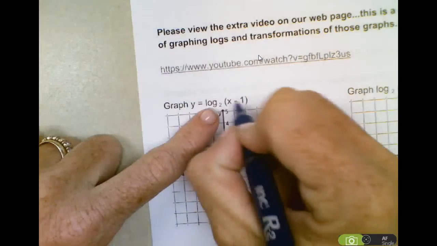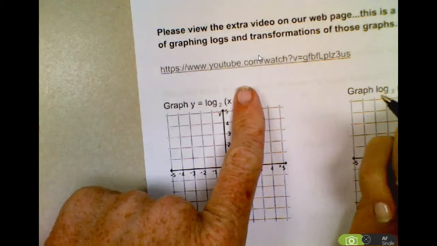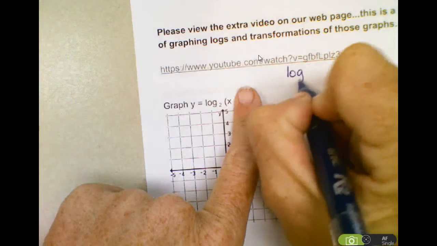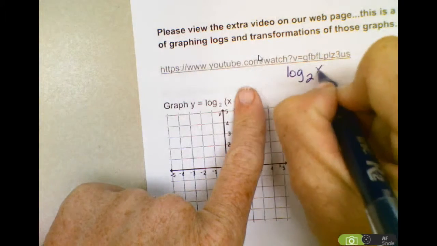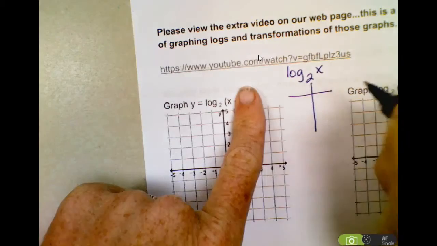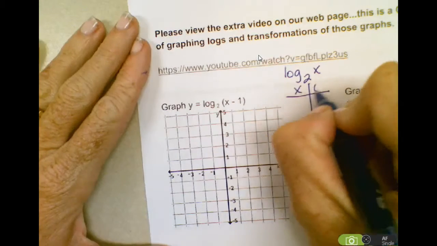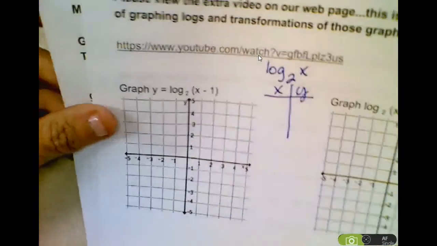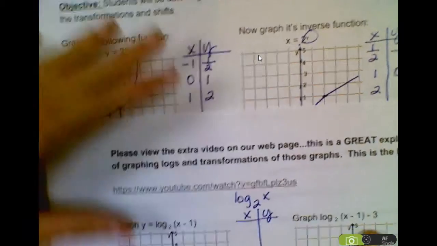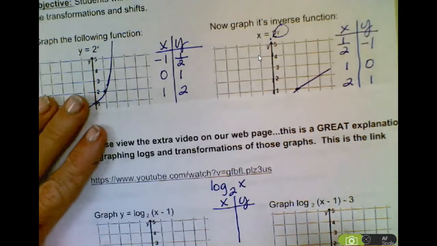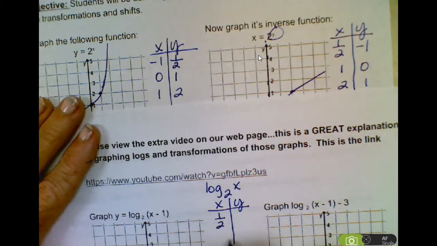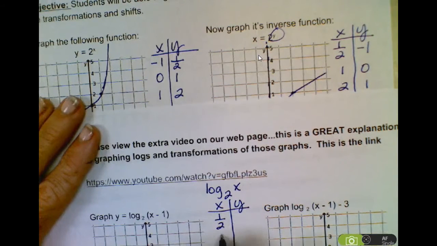So if we take the first graph that we had, our graph for log of 2x looked like x and y. And let's go back and see what we had for log of 2x. So our inputs were 1/2, 1 and 2, and our outputs were -1, 0, and 1.